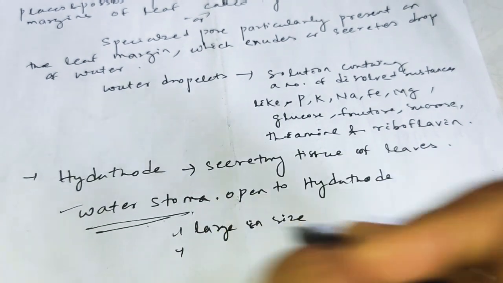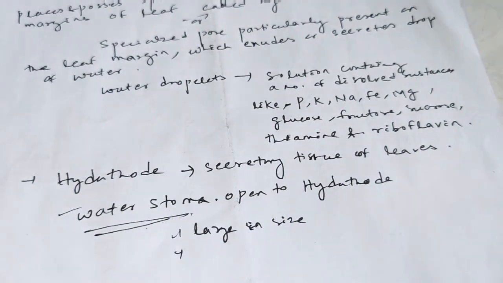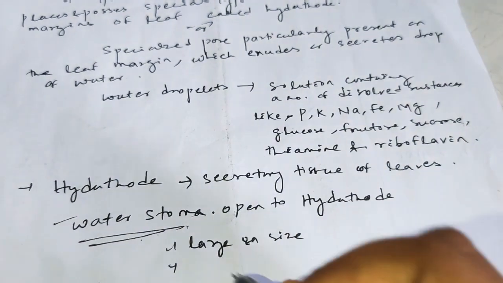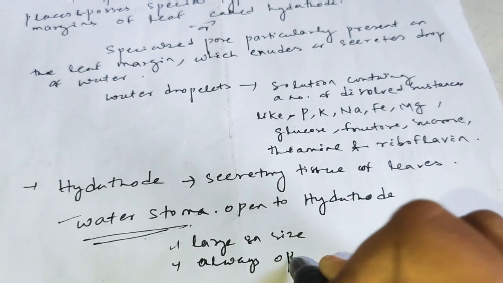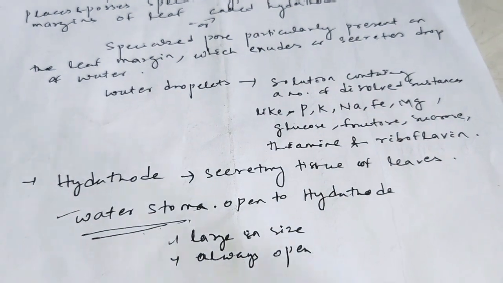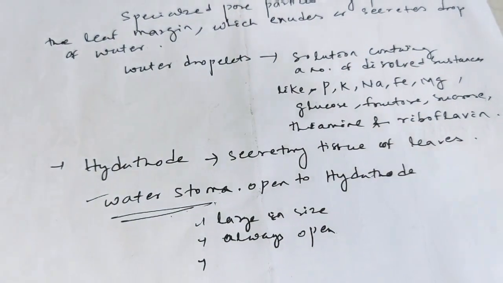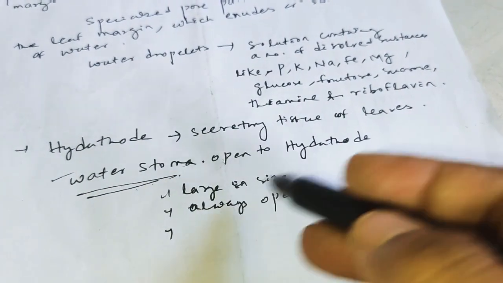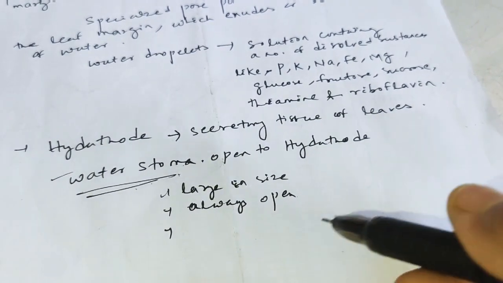Then the second point: the normal stoma is helpful for opening and closing of stomata, but the water stoma of the hydathode is always open. Then the third point: the normal stoma takes part in the mechanism of opening and closing of stomata, but this stoma is always open.